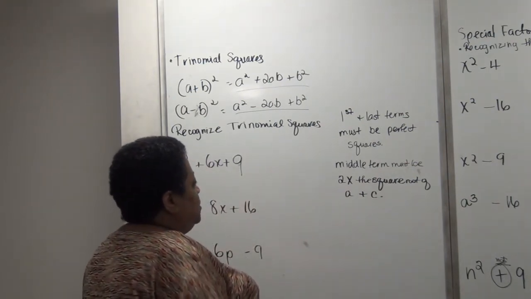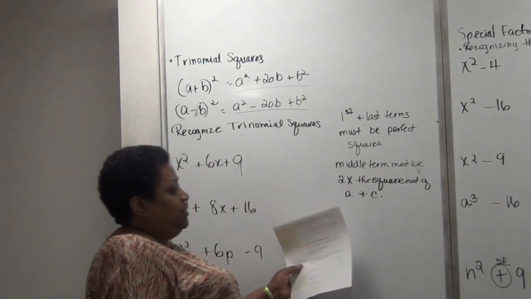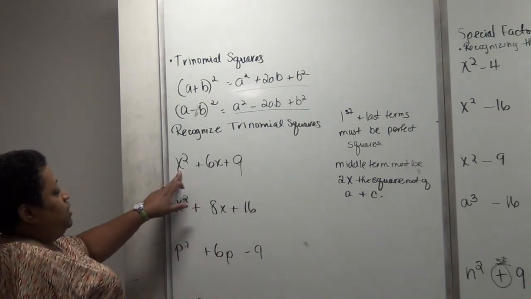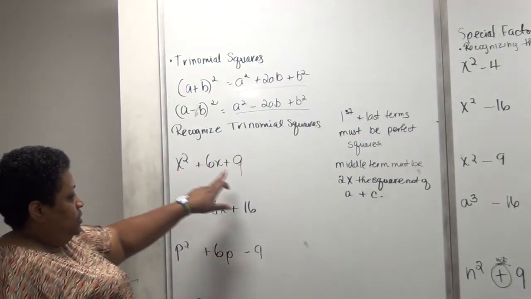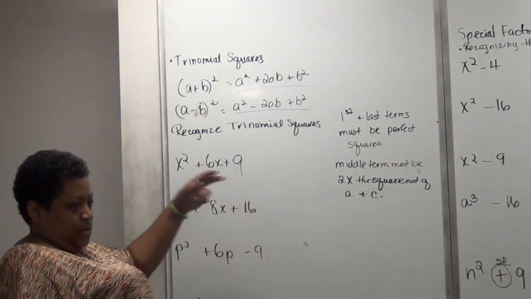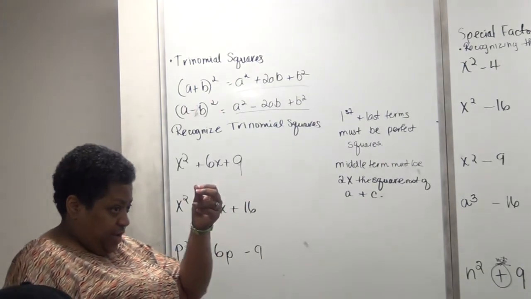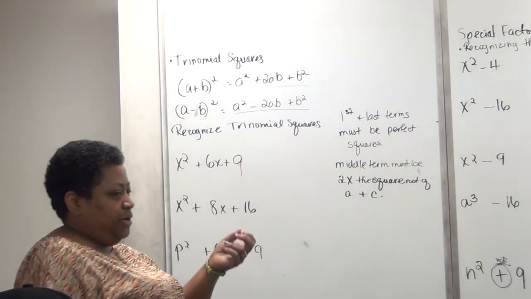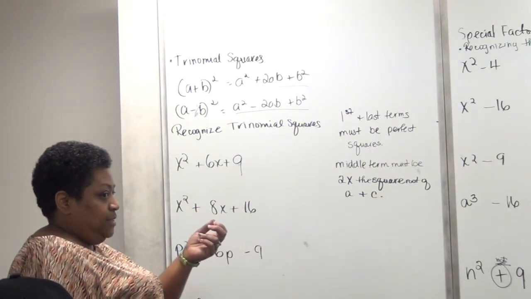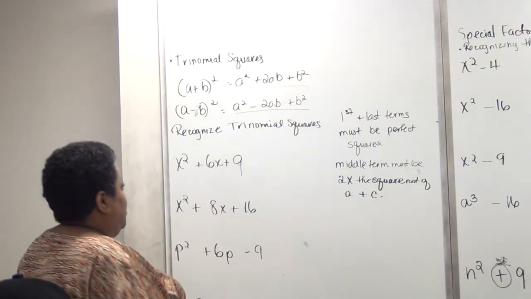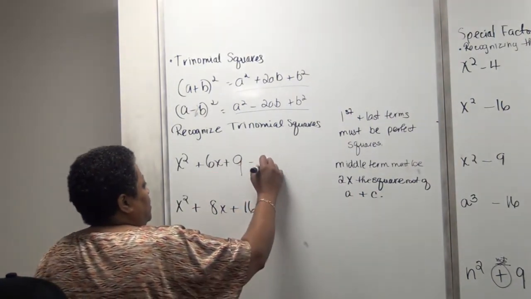The middle term must be twice. So in other words, square root of this is x. Square root of 9 is 3. 3 times x is what? 3x. If you double that, you get what? 6x. See? So this is a yes.